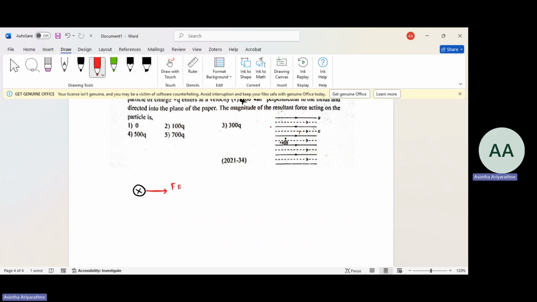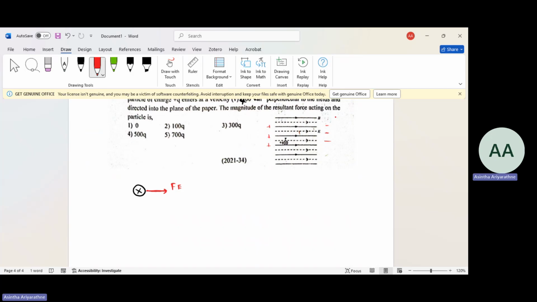A positive charge will be attracted towards the negative charge and repelled by the positive charge. So the electrostatic force is acting towards right.